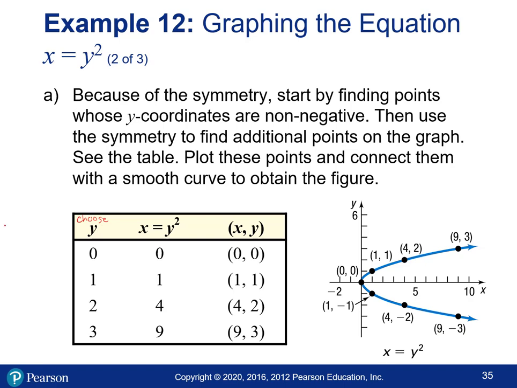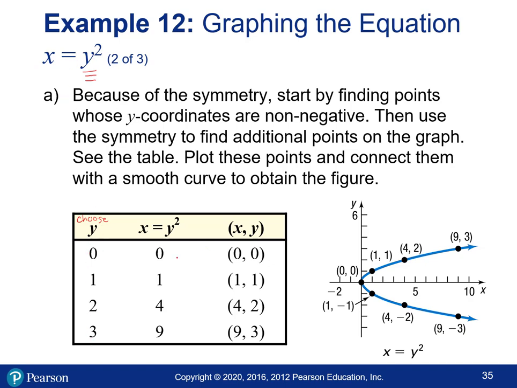So real quick side note, you can always choose to plug in numbers for x or y in any graph. On this particular graph, it is easier to choose numbers for y because something's happening to the y to make it equal x. So if it was the other way around, like the last problem where y equaled x cubed, it was easier to choose for x, but on this one it's easier to choose for y.